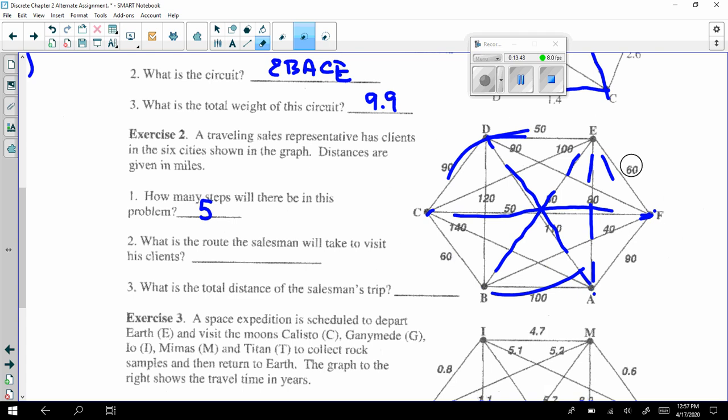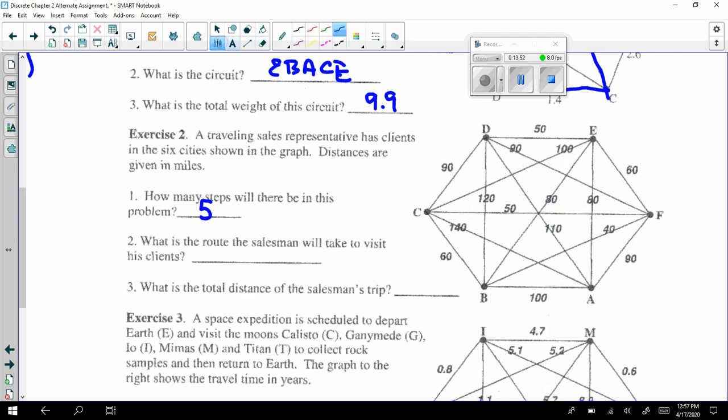This one you have to work on a few times, which is another reason why I just said don't do too many of them. I'm just going to do this one and we can stop there. So this one I did these 50 and 60, but I didn't do this 50.